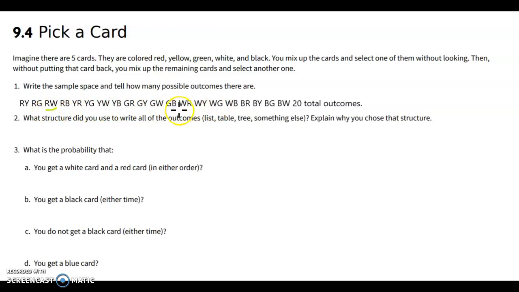It's right here. So now our probability for picking a red and white card together is 2 out of 20. But once again, 2 out of 20 is not in simplest terms. They're both divisible by 2. So 2 divided by 2 is 1, and 20 divided by 2 is 10.